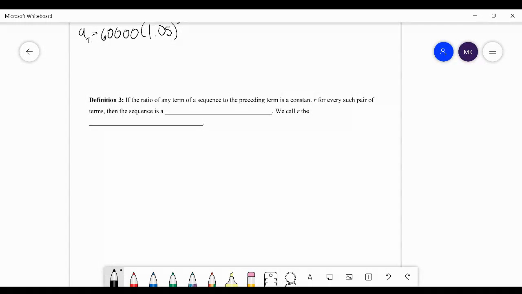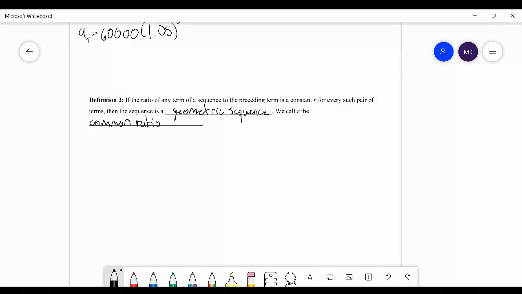And so if the ratio of any term in a sequence to the preceding term is a constant r for every such pair of terms, then the sequence is a geometric sequence. And we call r the common ratio.